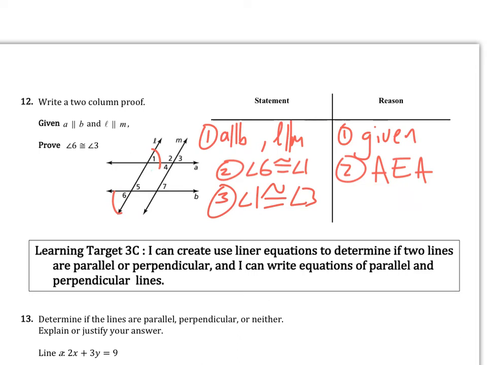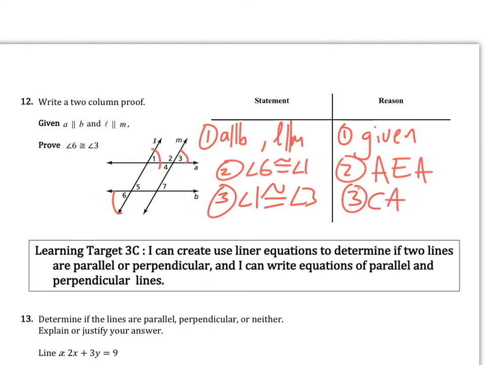So now we're using lines L and M and this transversal. We used A and B a minute ago. So we know that angle 1 is congruent to angle 3, and the reason for that is corresponding angles. Again, using different parallel lines, but they're corresponding angles.